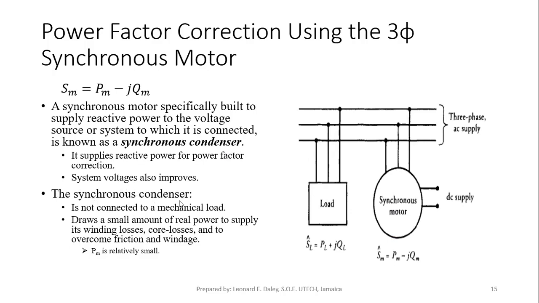The synchronous condenser is not connected to deliver a mechanical load. It draws a small amount of real power, this PM, to supply its winding losses, core losses, and to overcome friction and windage. So PM is relatively small compared to the reactive power that is delivered.